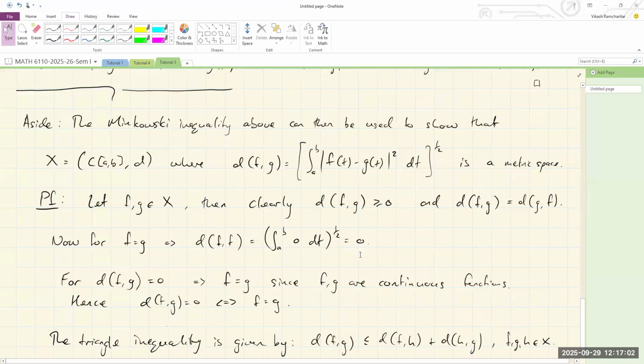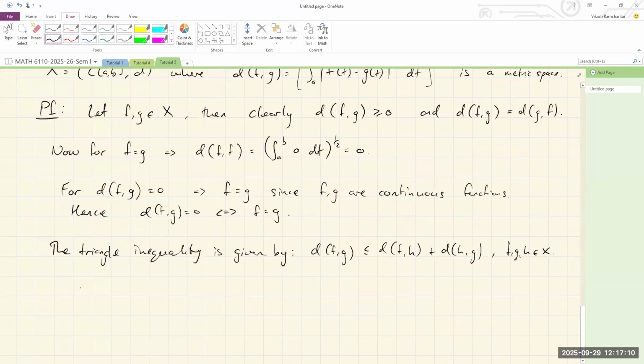If you look at the definition of d of f, g, that's just the norm of f minus g, how we define this particular norm.